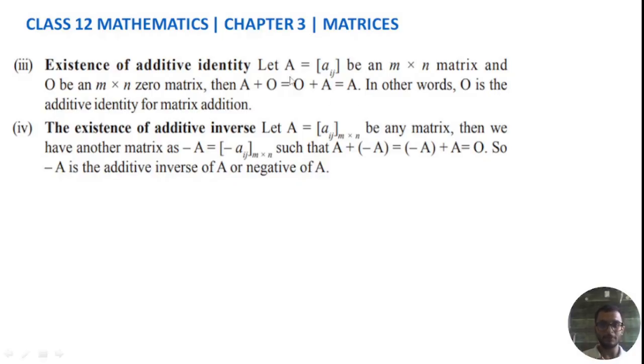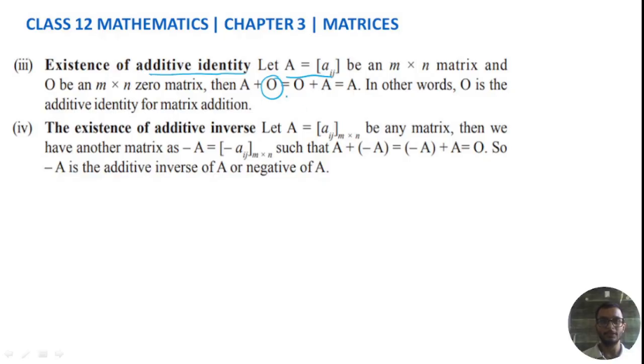That is, if you have some matrix A, then you should find one matrix such that if you add it to A, your A doesn't change. So of course that matrix will be our 0 matrix. Then the 0 matrix is called our additive identity. That's the importance of a 0 matrix. That's why we studied it separately. We also studied the identity matrix, which will be used further on. Okay, so this is called existence of additive identity.